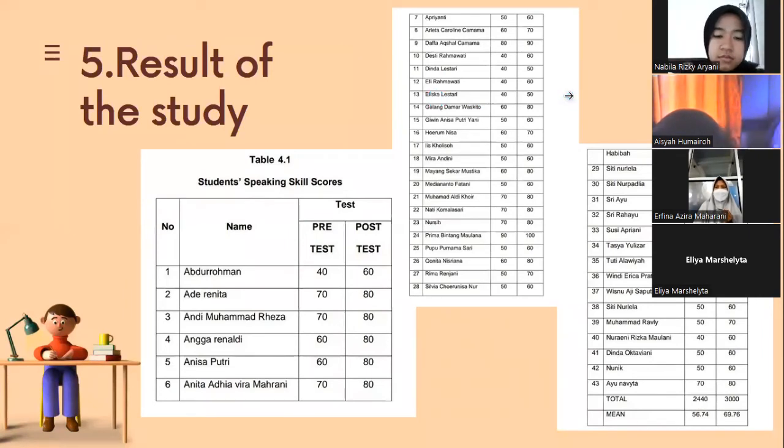It means the score of the post-test was higher than the score in the pre-test. So it can be concluded that there was a difference, with a better score, when using the Will Decide application in the class.